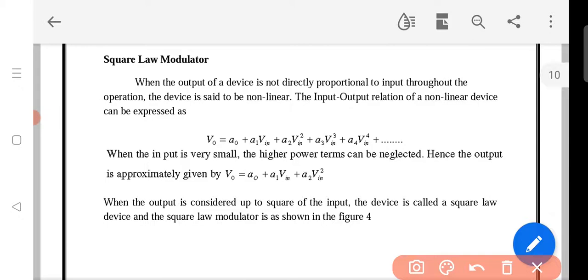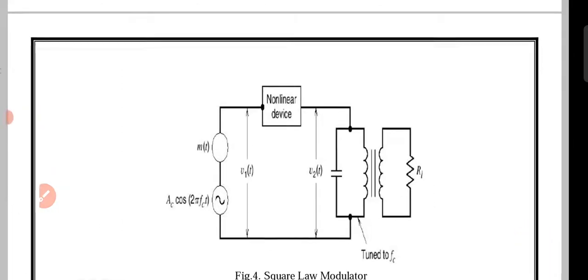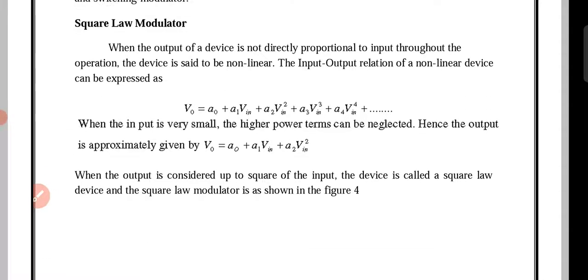In general it is a diode or any transistor in some circuitry. So in the block diagram, source, non-linear device.